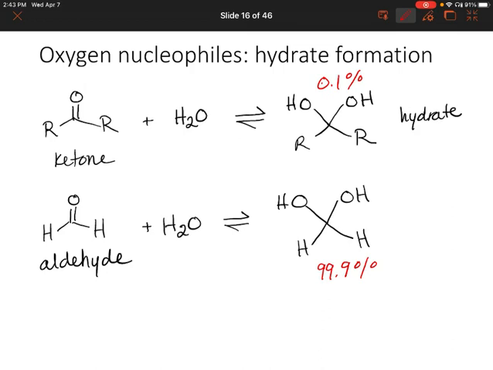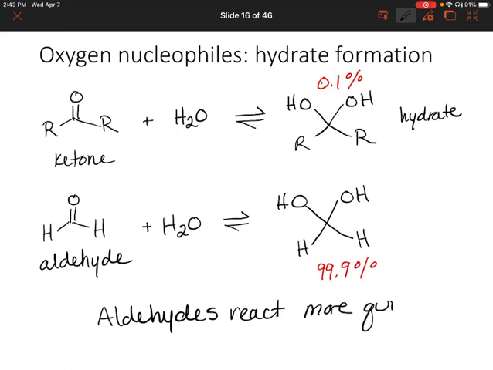But additionally, it isn't stabilized by those alkyl groups through hyperconjugation. So aldehydes are less stable and they react more quickly. But again, if you were to react an aldehyde with water, you end up with a hydrate.